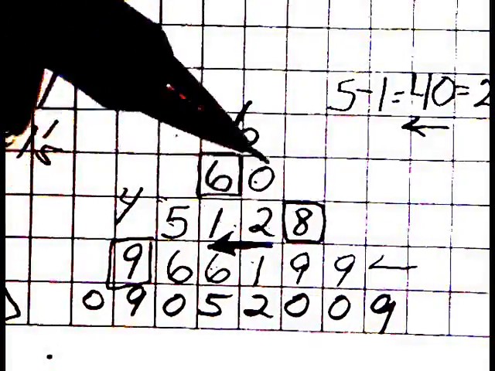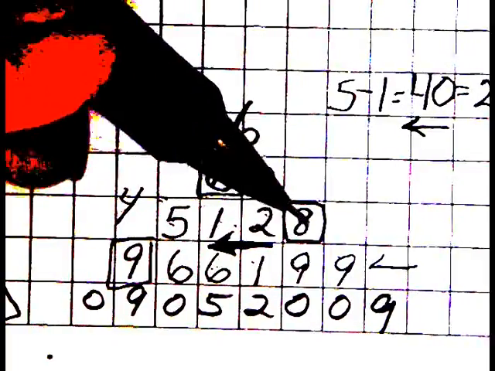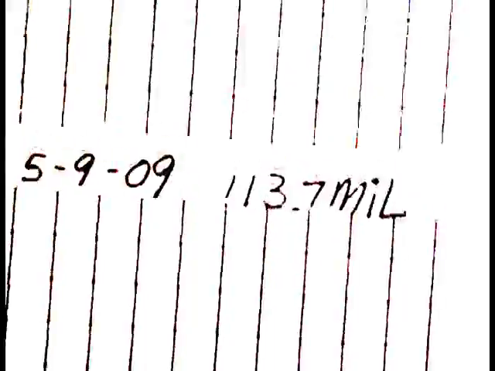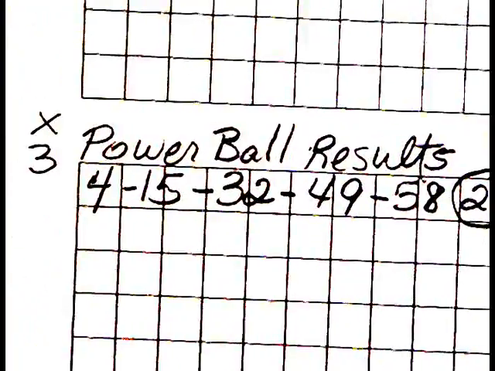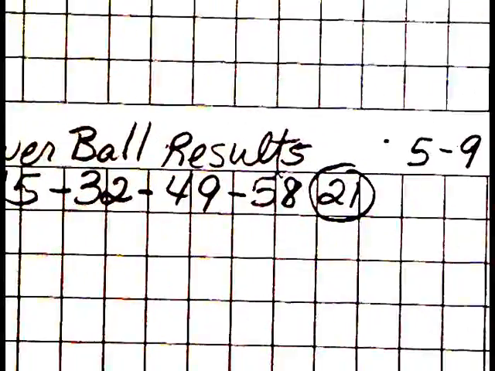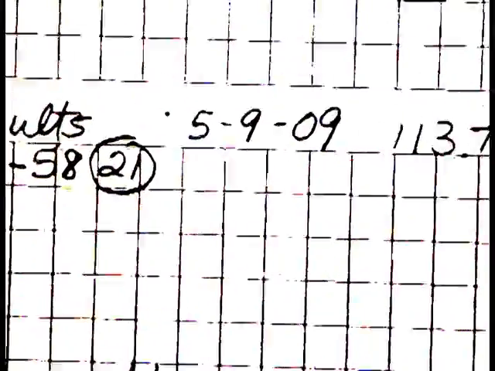And if you do the reverse, if you don't minus it, you plus it, and you go 2 and 8 is 10. So we put a 0. And we went from right to left, so we're going to read 0, 4. Well, look up here. 4 was one of the Powerball numbers. 4, 15, 32, 49, 58, and 21 on the 9th of May.